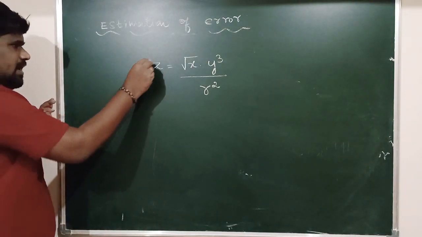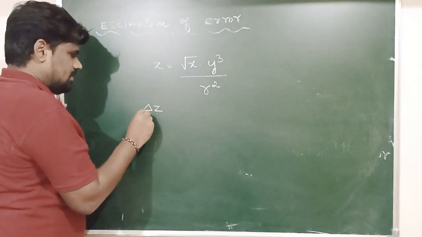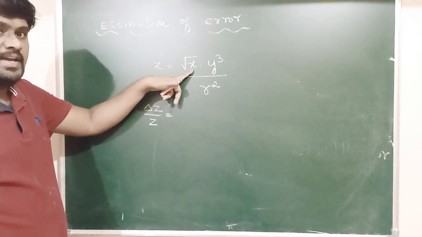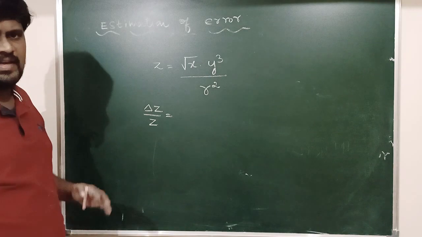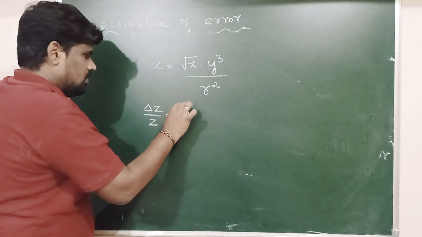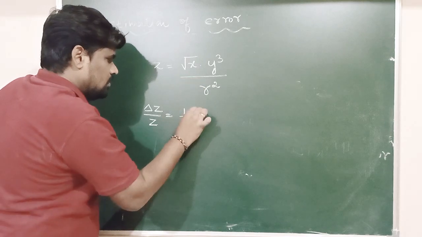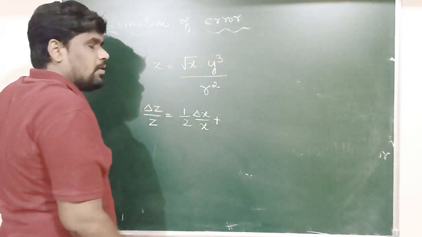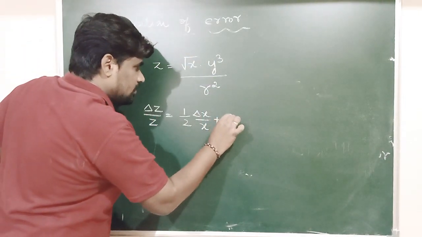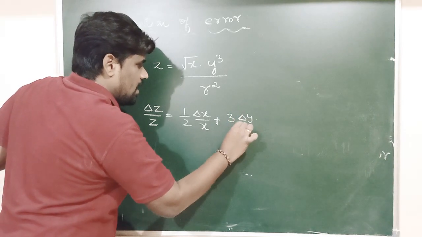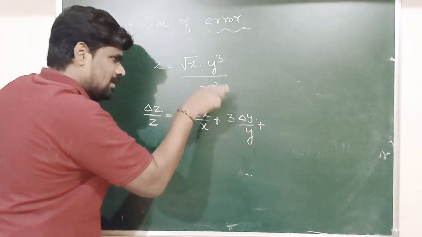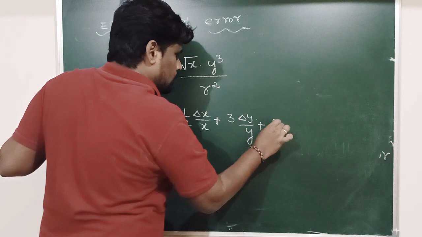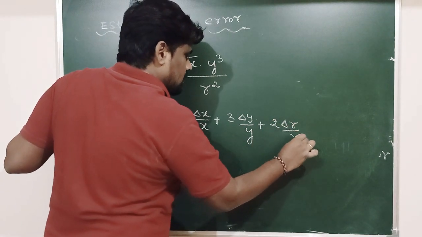As per the rule, delta z by z is equal to, root x can be written as x to the power 1 by 2, therefore half into delta x by x, plus y to the power 3, therefore 3 into delta y by y, plus, no matter whether it is in the numerator or denominator, the next is r to the power 2, therefore 2 times delta r divided by r.